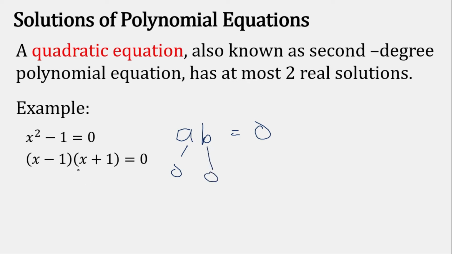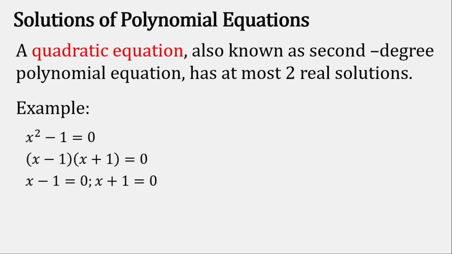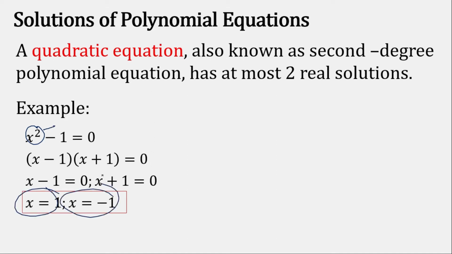So in order to get the value of x here, we just need to equate both factors to 0 and solve for the value of x. As you can see, this is a quadratic equation, meaning a second degree polynomial. It has two values of x or two solutions. And that is the most number of solutions that it could have.